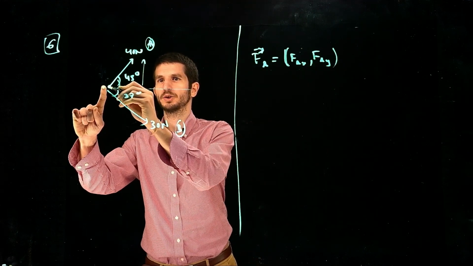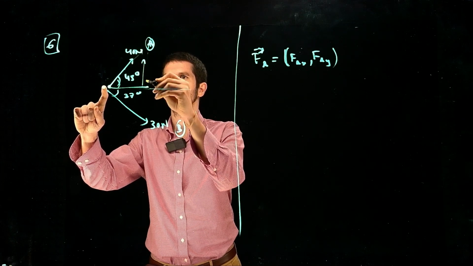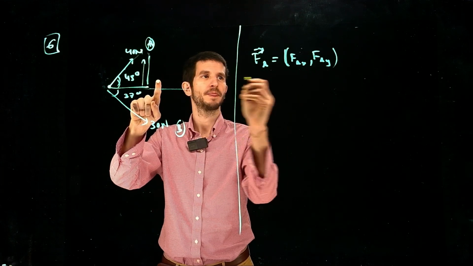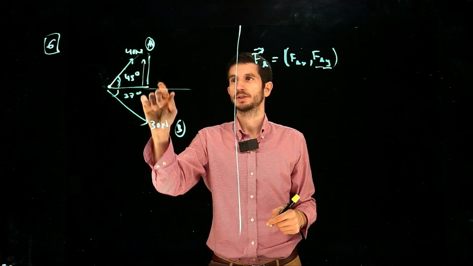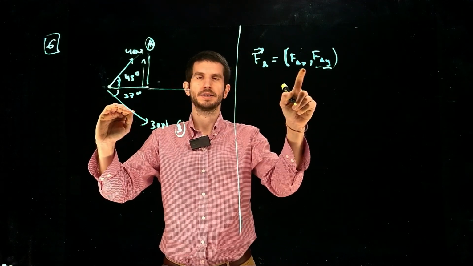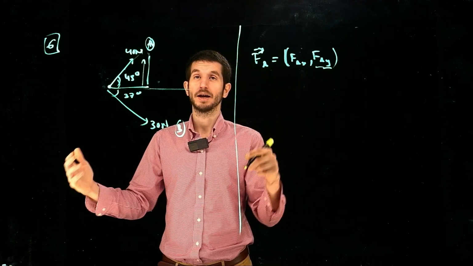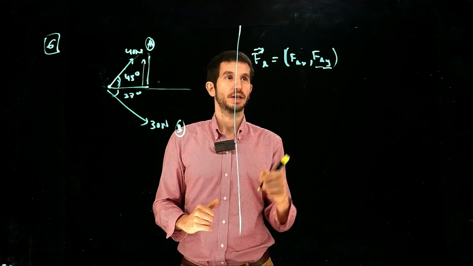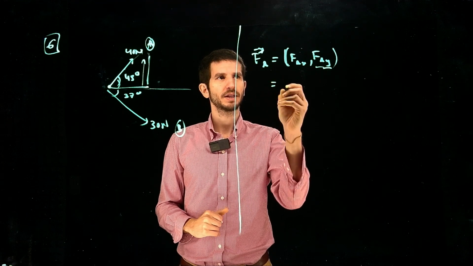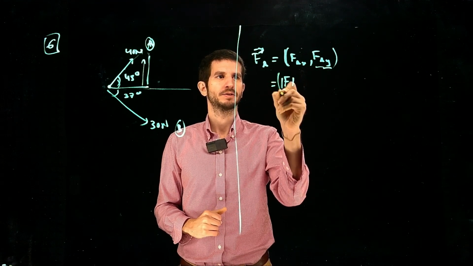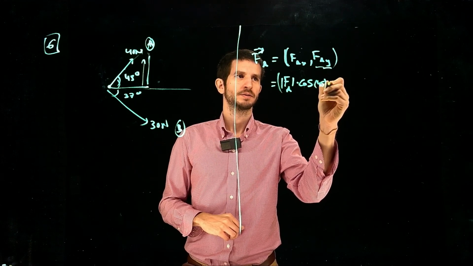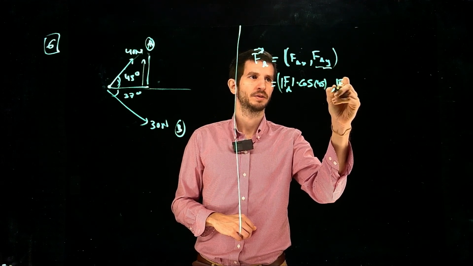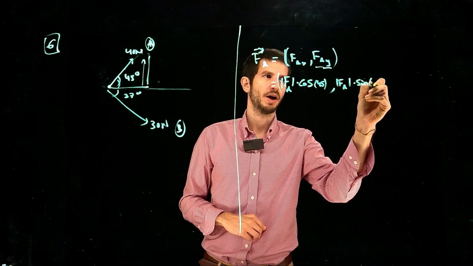And what are these? Well, what is this one? This is A sub y. So this is what? Opposite. So that's going to be the sine. And what is this one? This is x, and that's what? Adjacent. So it's going to be the cosine. So then I'm going to say that it is going to be F sub A cosine of 45, F sub A sine of 45.